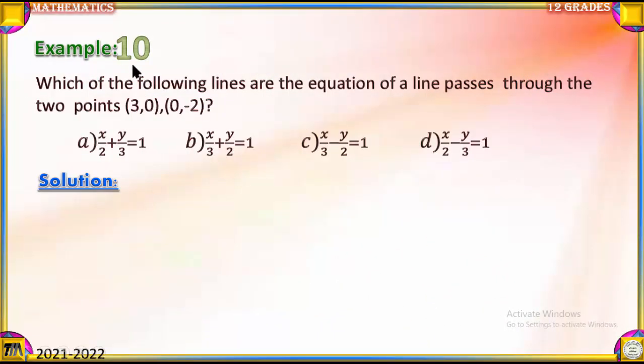Example number 10. Which of the following lines is the equation of a line passing through the two points (3, 0) and (0, minus 2)?